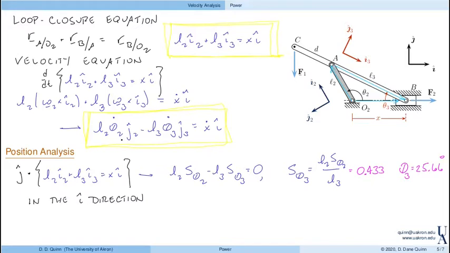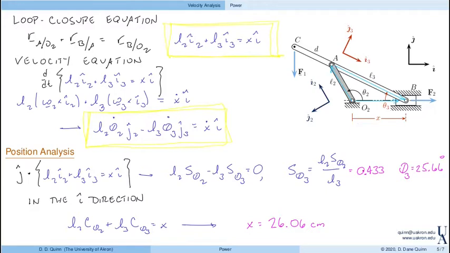So in the I direction, I have L2 cosine of theta 2 plus L3 cosine of theta 3 equals x. Well, we have x directly from this equation. So for this mechanism, x is equal to 26.06 centimeters.